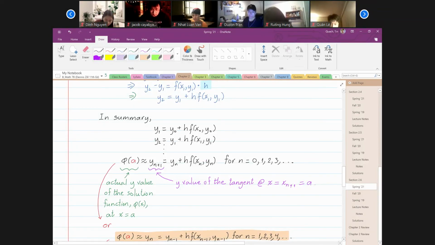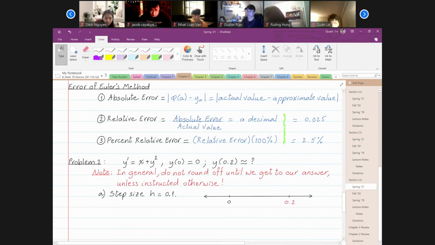It's just like in calculus 2, when you allow delta x to get smaller, or n to get bigger, the number of subintervals is more, and the approximate value gets closer and closer to the actual value of the integral. That's what you learn in calculus 2.